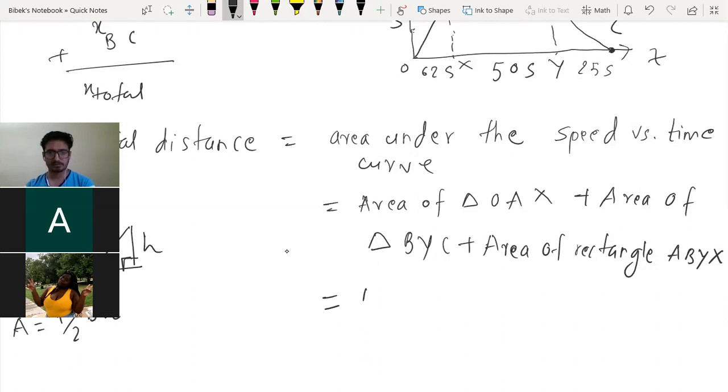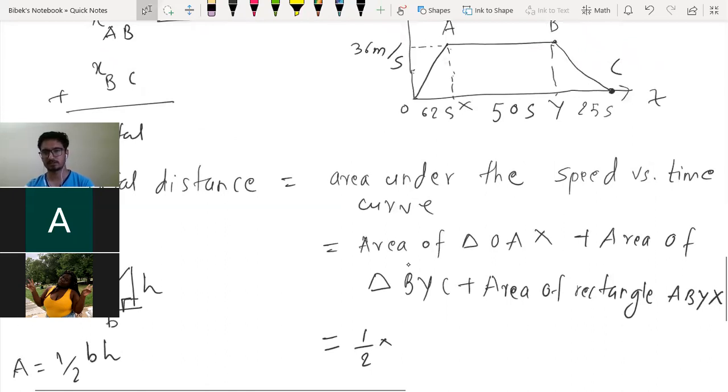So for this triangle, that's half times the base, which is 62 seconds, times the height, which is 36 meters per second.